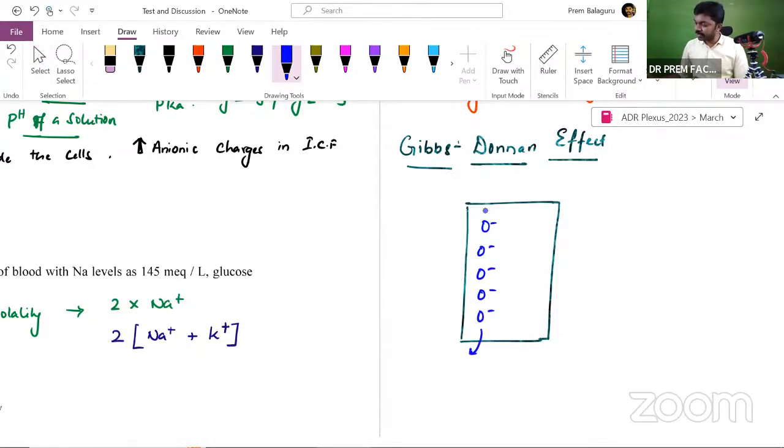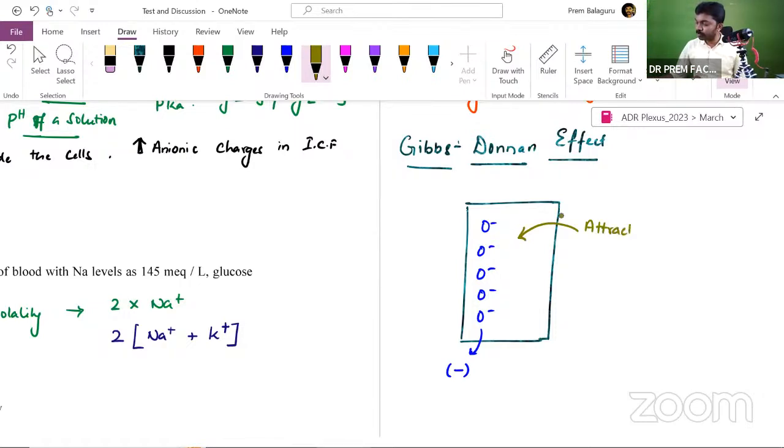These proteins carry a net negative charge. There is going to be a tremendous amount of anionic charges inside the cell. The proteins are non-diffusible, right? Which means we don't see the proteins moving in and out of the cell. It's more or less static. Since the proteins are static, they exert a tremendous amount of anionic force inside the cell. That anionic force will try to attract cations.